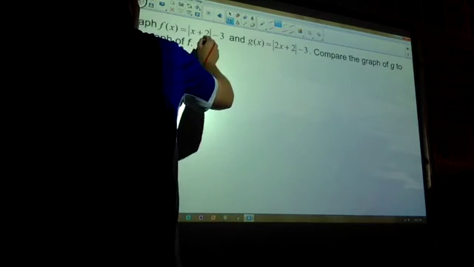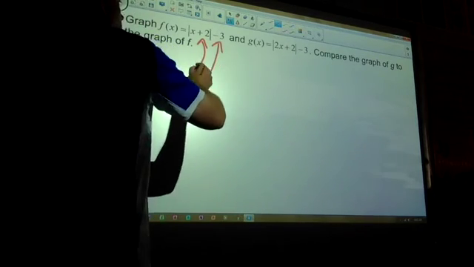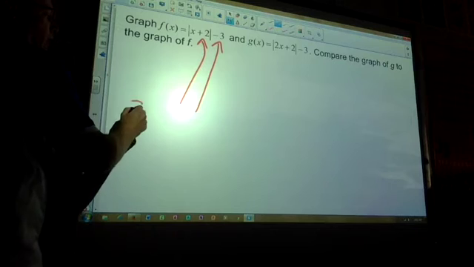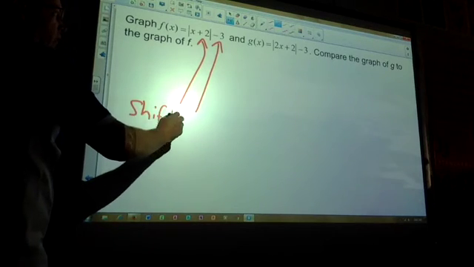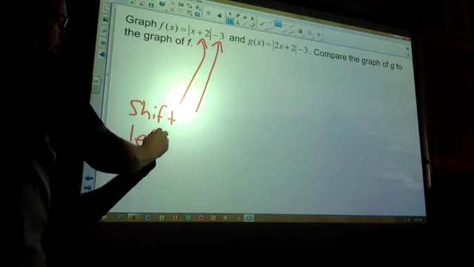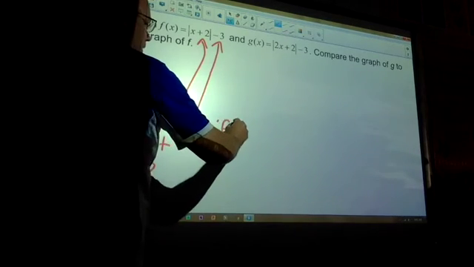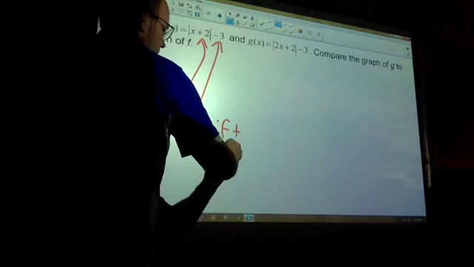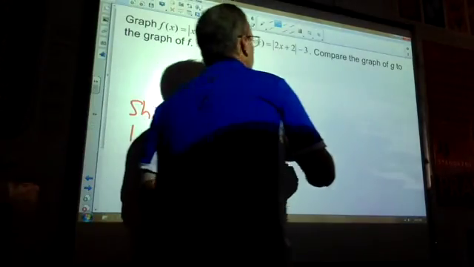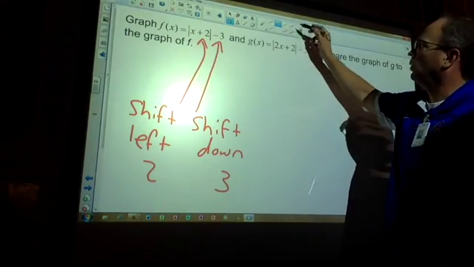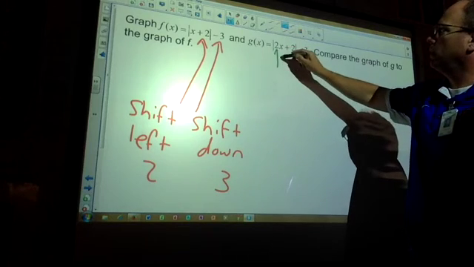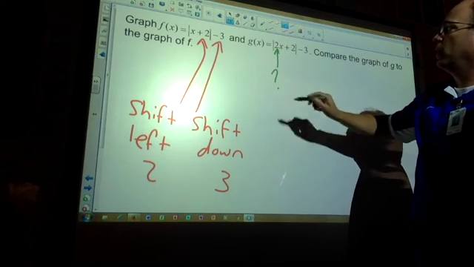Let's just talk about this. What's this doing? Shifting left. How many? 2. What's this doing? Down 3. I'm not going to worry too much about this right now, so I'm going to put a question mark.